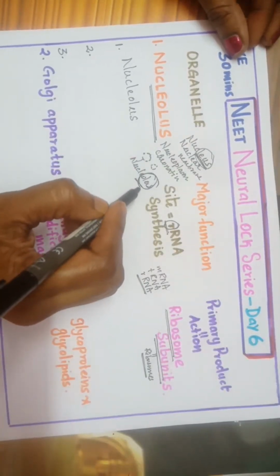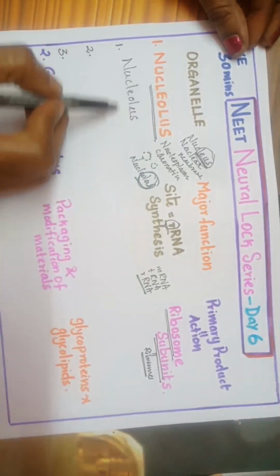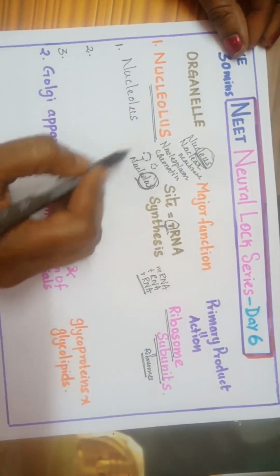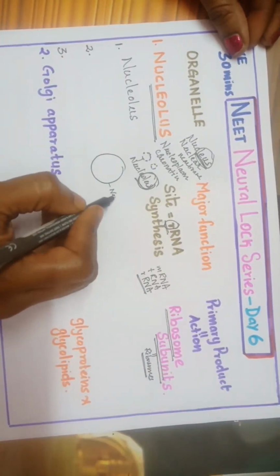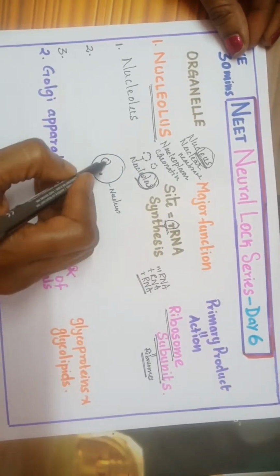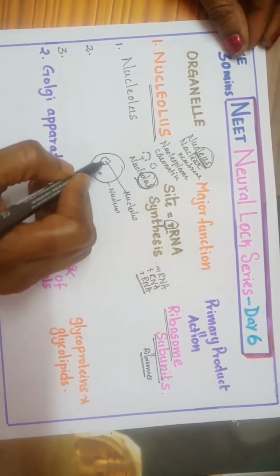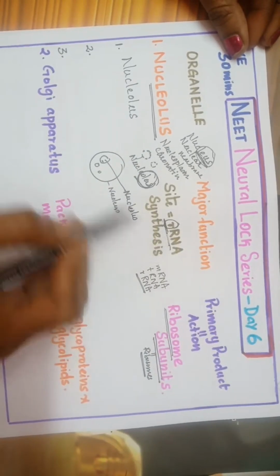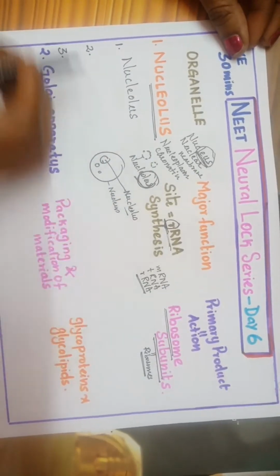Here, see, it is nucleolus. So here I am talking about nucleolus, the spherical bodies inside the nucleus. I'll draw it here. This is nucleus. Here the spherical body inside this is the nucleolus. Okay, got it? So this nucleolus synthesizes rRNA.